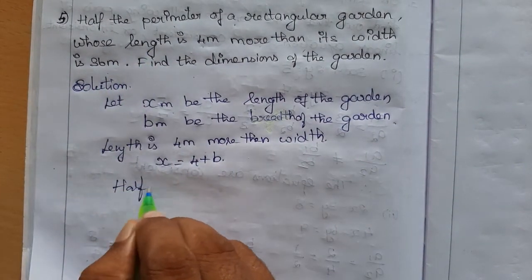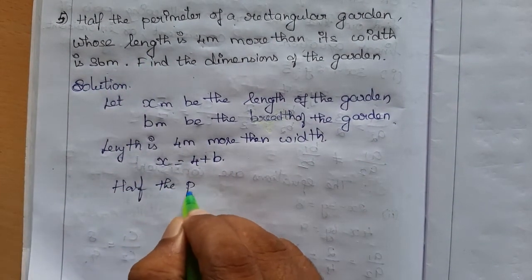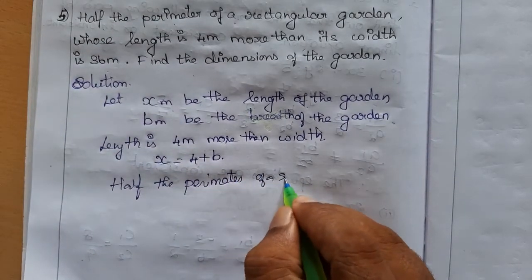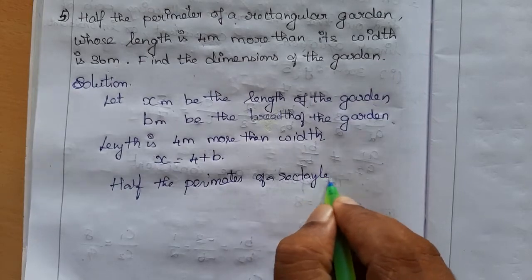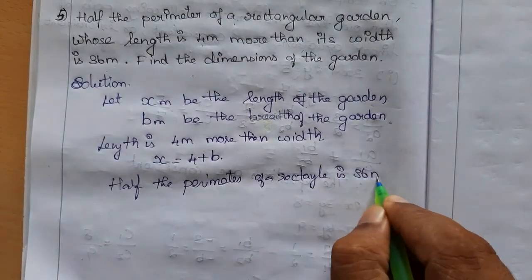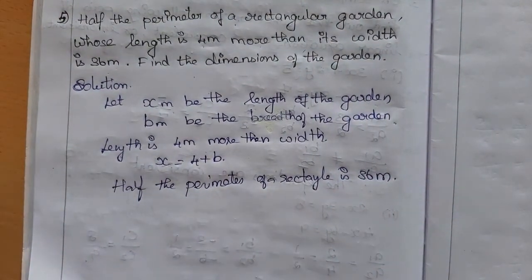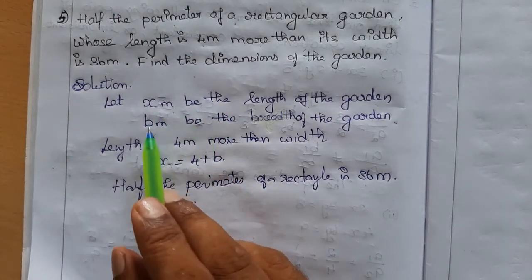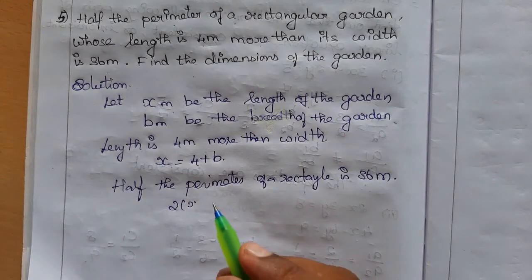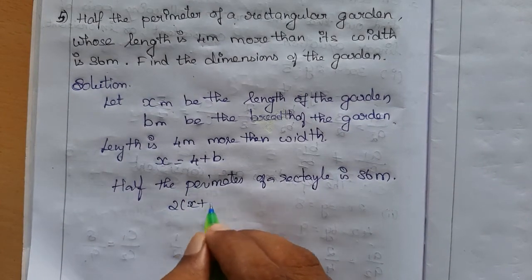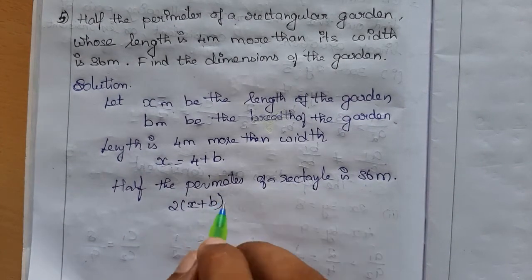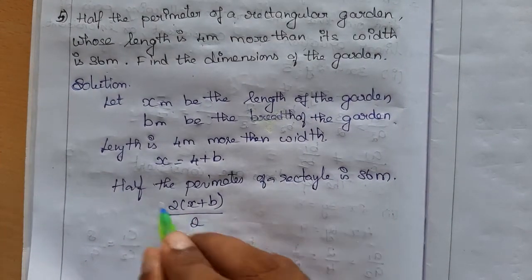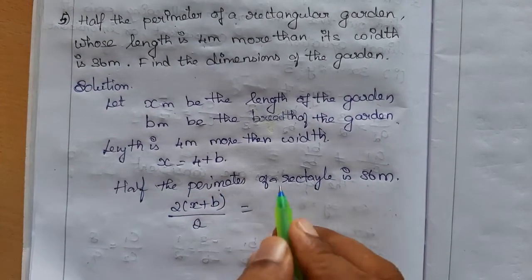Half the perimeter of a rectangle is 36 meter. So what is the perimeter? Perimeter is 2 into L plus B. Here length is x and breadth is b. So x plus b whole divided by 2, half of this, is 36 meter.